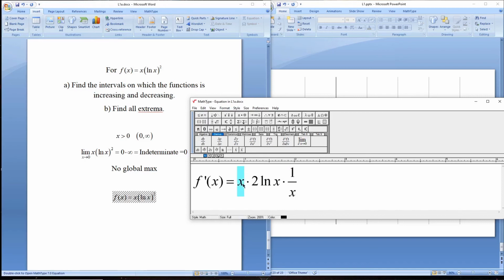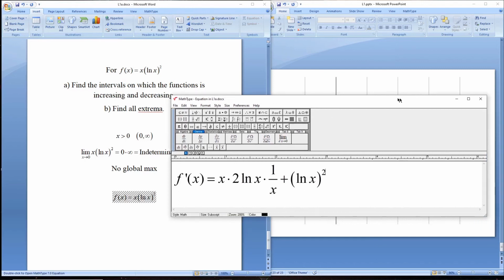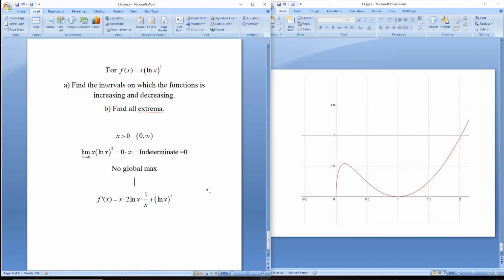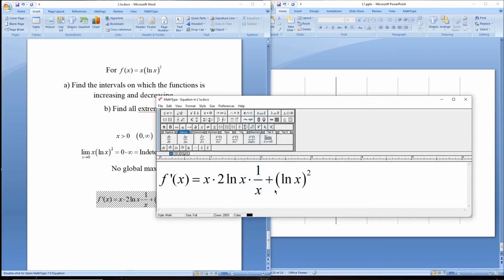So again, this is f g prime plus f prime g, so the derivative of x is 1, and then the g. So that's our derivative from the product rule. And there was also a chain rule in there. And then we set this equal to 0 to solve for critical points.